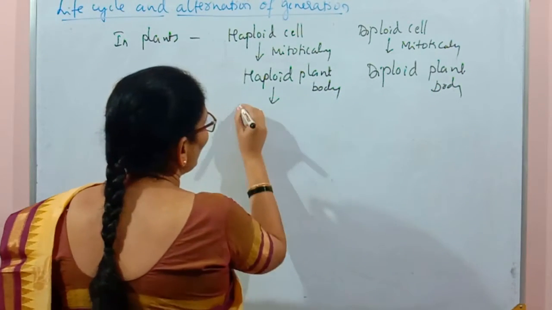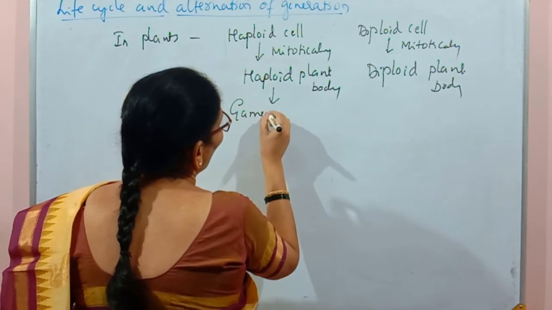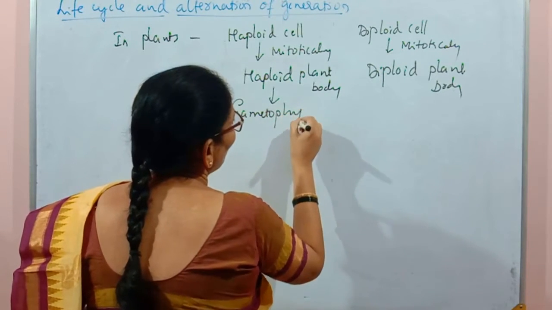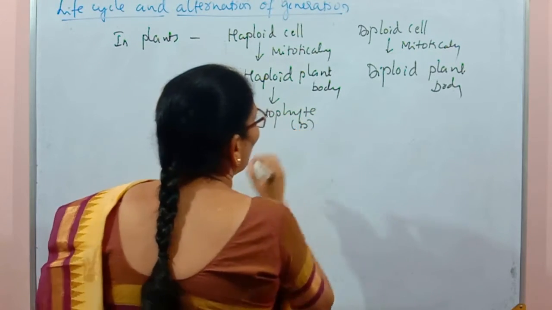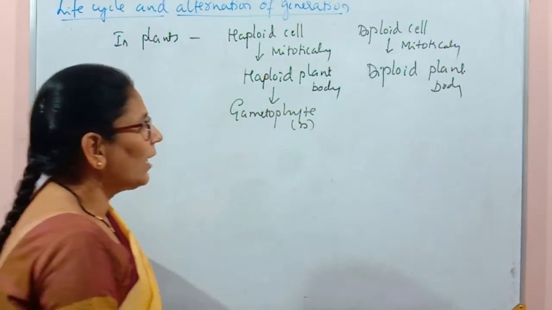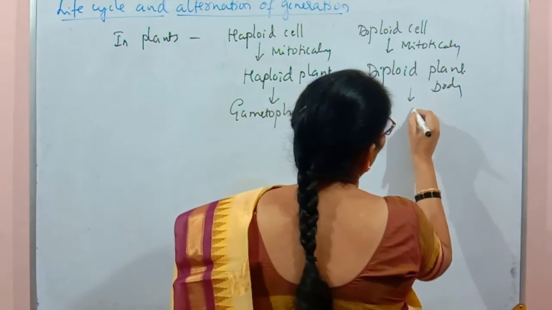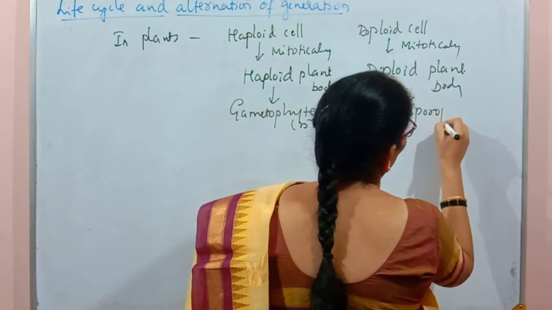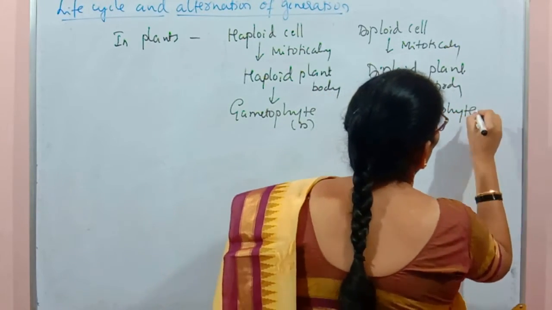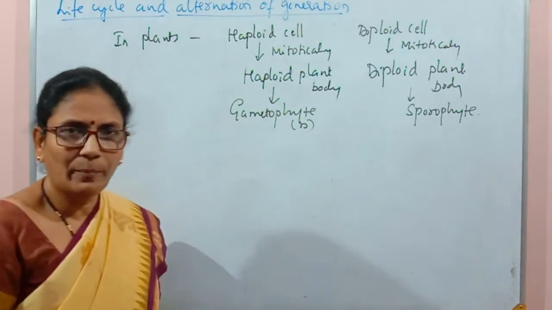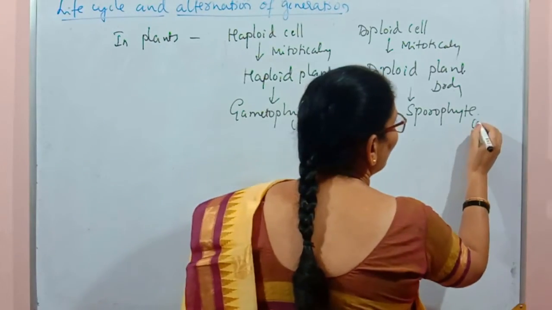This haploid plant body is called the gametophyte, because gametophyte is always haploid, and the diploid plant body is called the sporophyte, because sporophyte is always diploid.